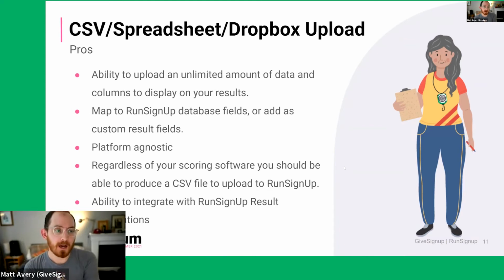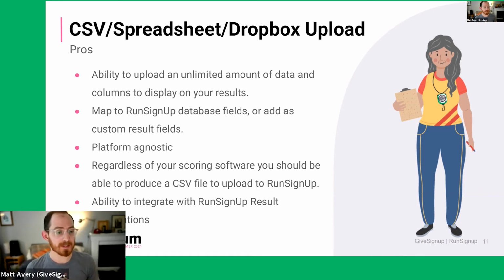So next on the list of options for results uploading is CSV, spreadsheet, or Dropbox uploads. This is kind of in between the pre-formatted and our native results. What you're able to do is upload CSV data of all of your result data, and it allows you to upload an unlimited amount of data and columns to display in your results.